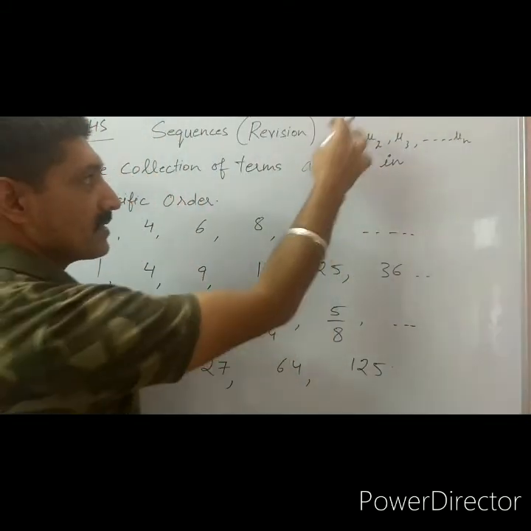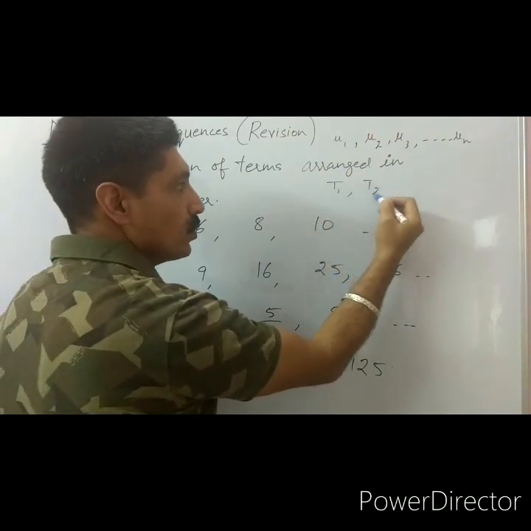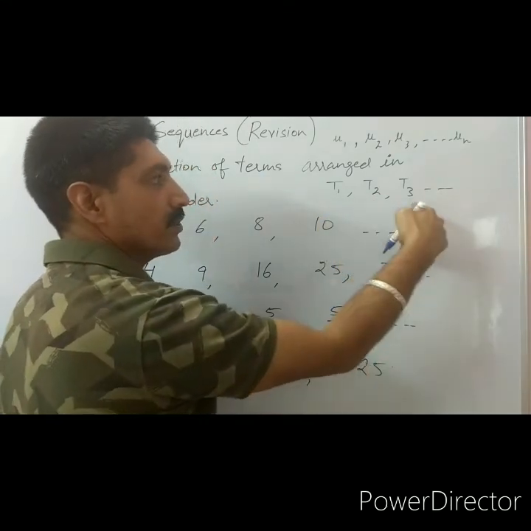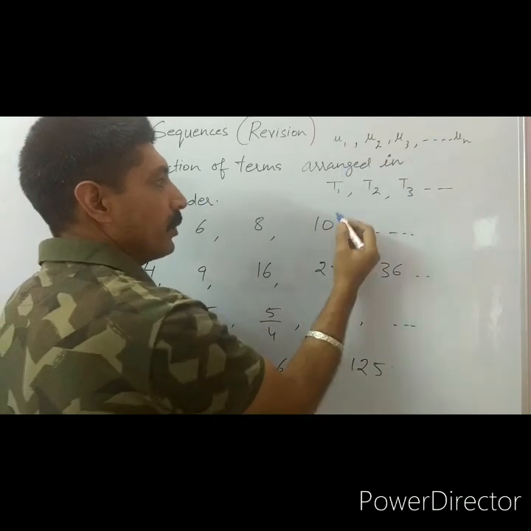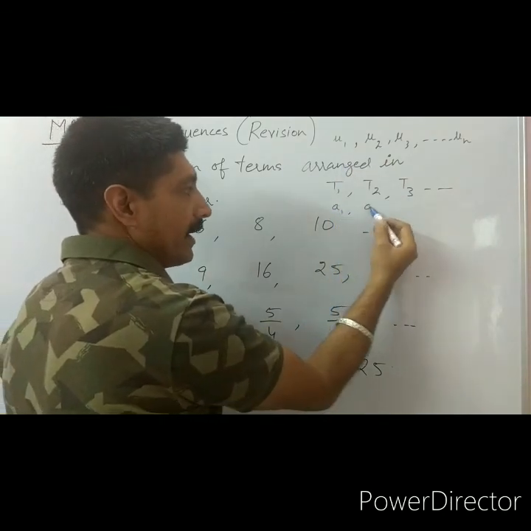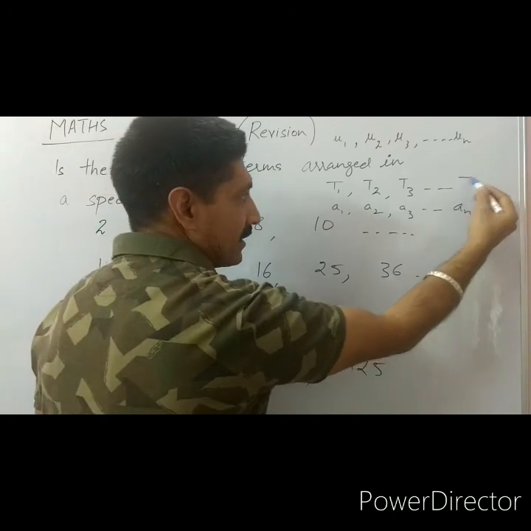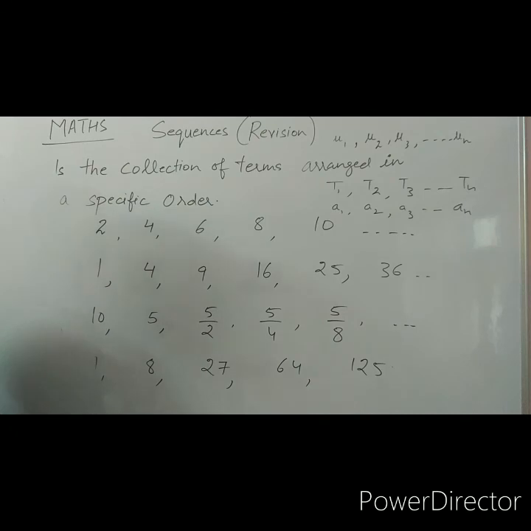We also sometimes name them T1, T2, T3, term 1, term 2, term 3, term 4, and so on. Or sometimes we denote A1, A2, A3, and An, the nth term of the sequence. So these are some examples.